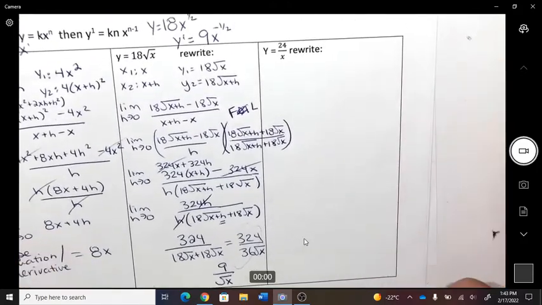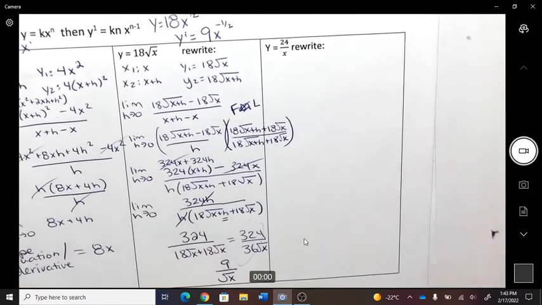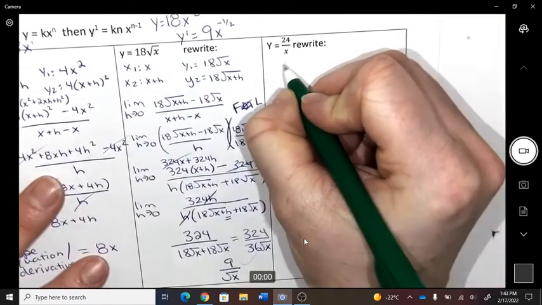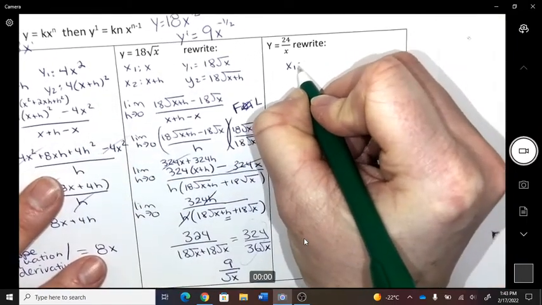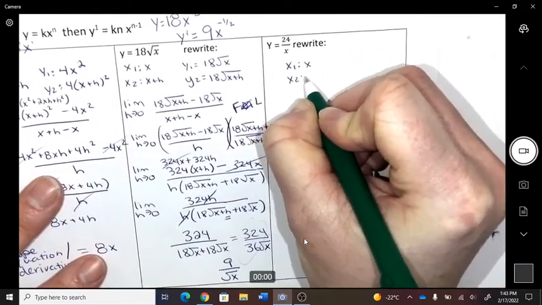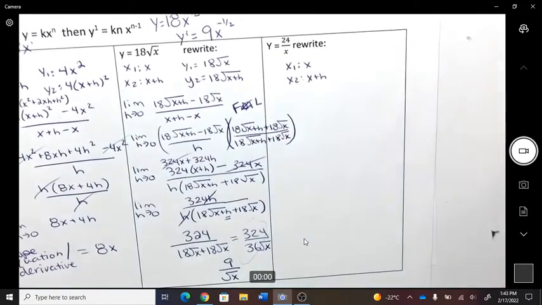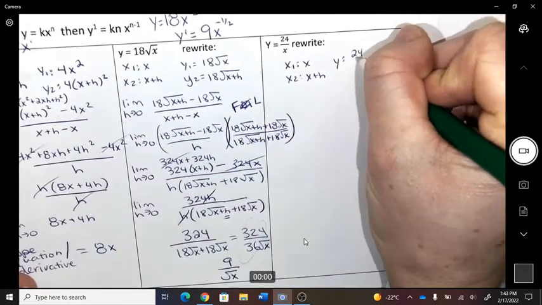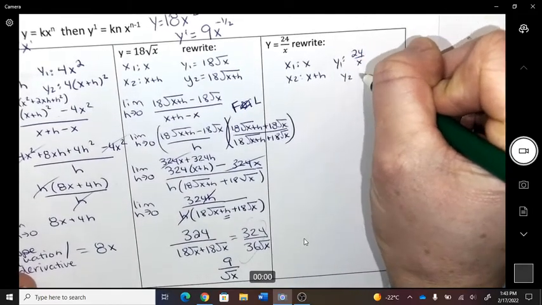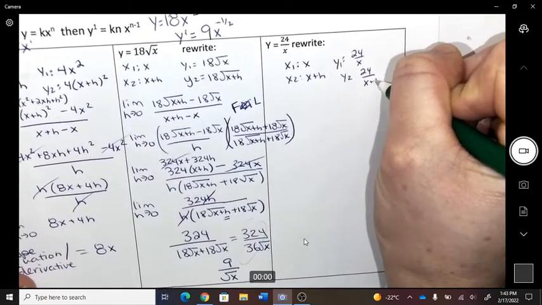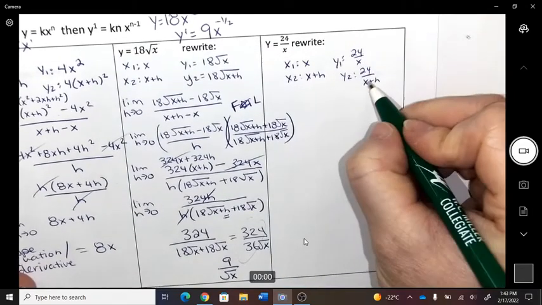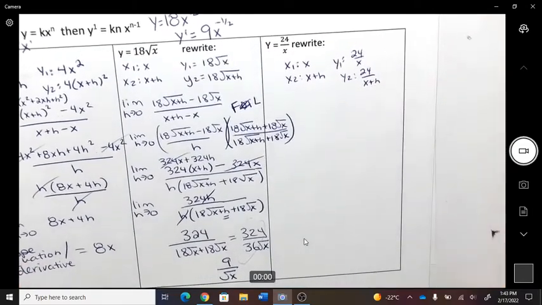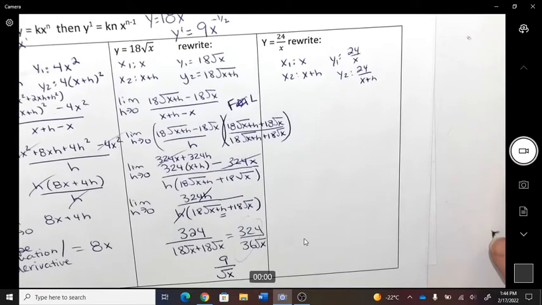Okay, last one. So you're going to have one of each of these types, okay? So x plus h. You don't have to write this. I just do so you can see it. Okay, so there's my coordinates.